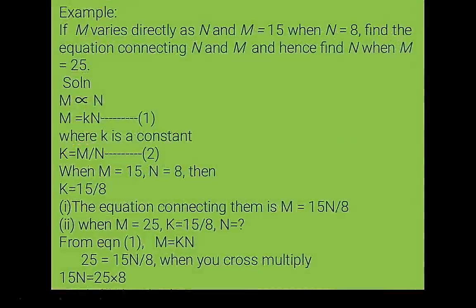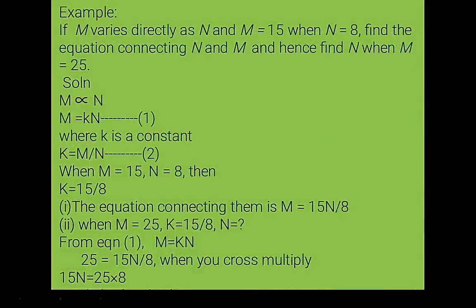The question is, if m varies directly as n and m equals 15 when n equals 8, find the equation connecting n and m, and hence find n when m equals 25.